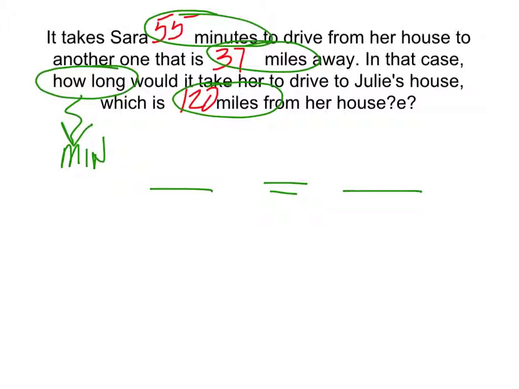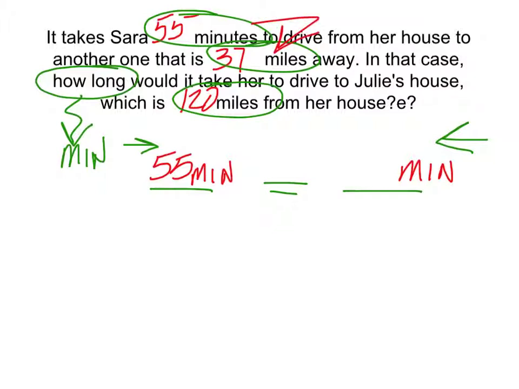And whatever unit you put on the top right, you put on the top left. So if I start with 55 minutes, if I have minutes here, I must have minutes straight across from it. And if I put this 37 miles, which directly pertains to Sarah's trip that took 55 minutes, if I put 37 miles here, then I must also have miles there.